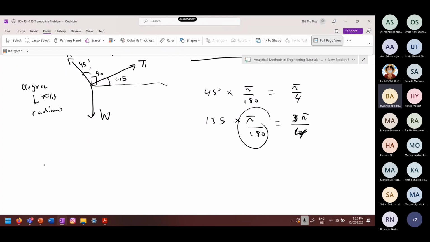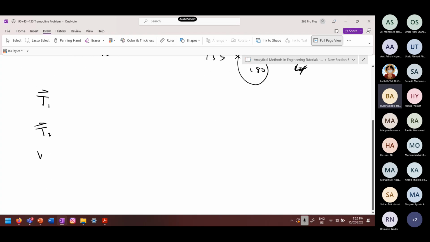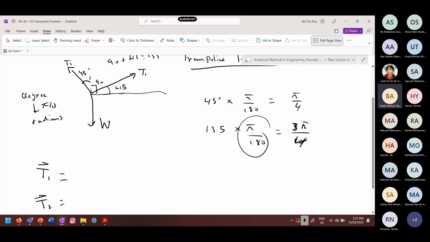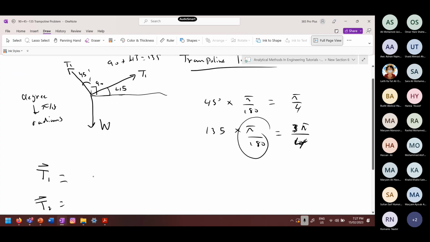Okay, now you need to find the values of each tension force, T1, T2, and W. T1 is basically the magnitude of T1, open a bracket, cosine.